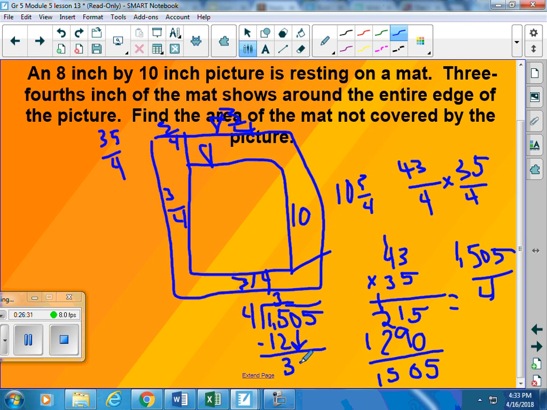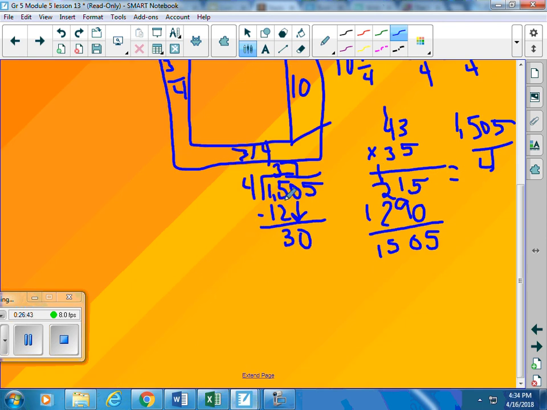Then I'd look at how many 10s I had, and I had 0, so I brought down my 0. 4 goes into 30 7 times. That means if I had 30 blocks, I could make 7 groups of 4, and I would use 28 blocks. Subtract that, and then bring down my 1s here. 4 goes into 25 6 times.